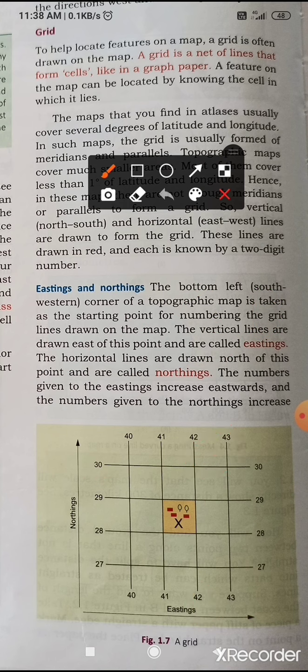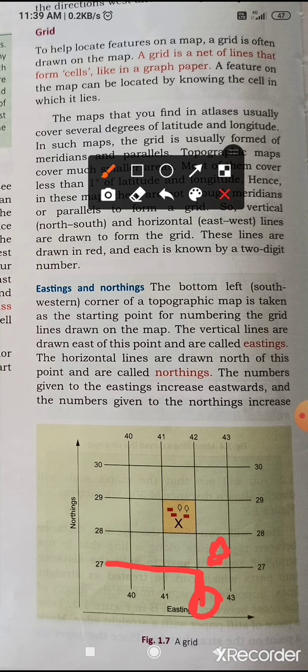Again if I say that you have to find out the location of the tree, or the 4-figure grid reference of the tree, how can you find out? Again you have to check the cell, then you have to see this portion and you have to go to the upside, then this way.